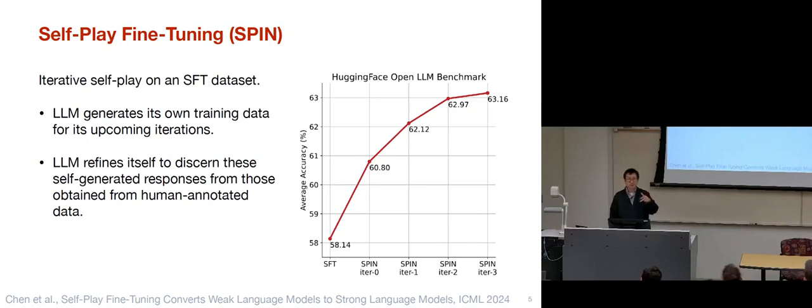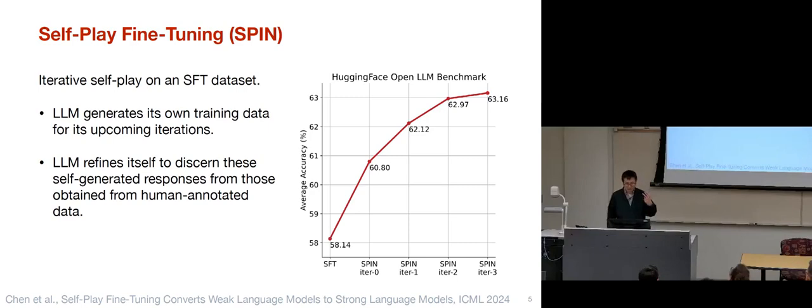Then we ask the language model to differentiate the responses generated by the model itself from the responses generated by the human. As long as the model cannot differentiate these two kinds of responses, that means the response generated by the model is as good as the response provided by the human.